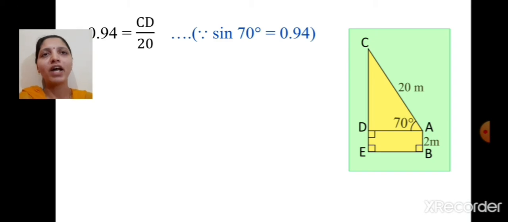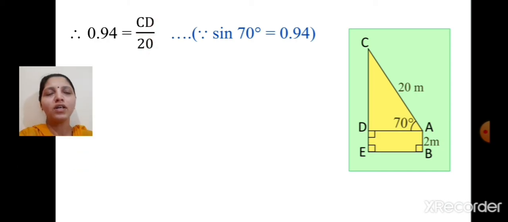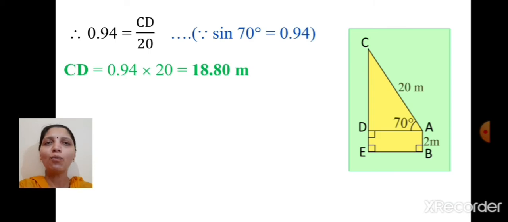Now substitute the values. Sine 70 value is given in the question. 0.94 is equal to CD upon 20. Therefore CD is equal to 0.94 into 20, that is equal to 18.80 meters. So now we know CD and we know DE. Can you find the length of CE?